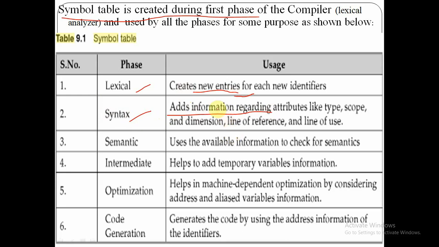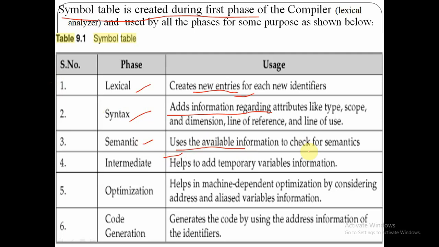of the symbols available in the symbol table, and it uses the entries of the symbol table during the verification of syntax of the program. Semantic analyzer. It uses the available information of the symbol table to check for semantics.